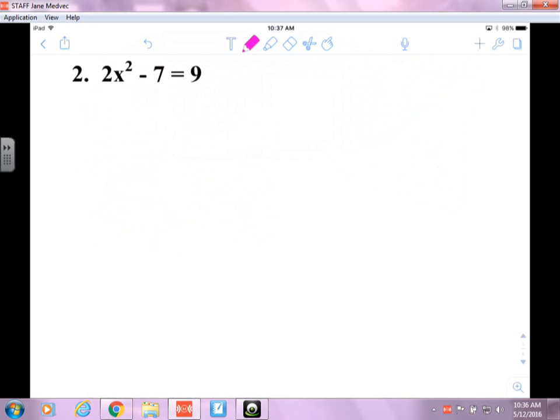How would I go about solving this one? Add 7. I'm going to add 7. 2x squared gives me 16. Now what? Divide by 2, yeah, because I want to get that x by itself.